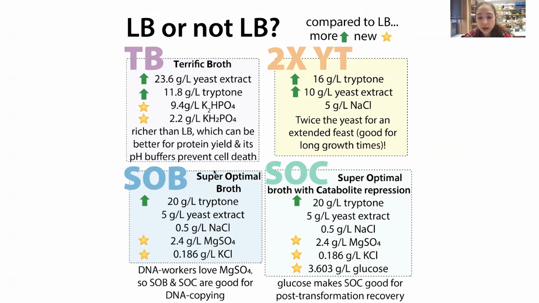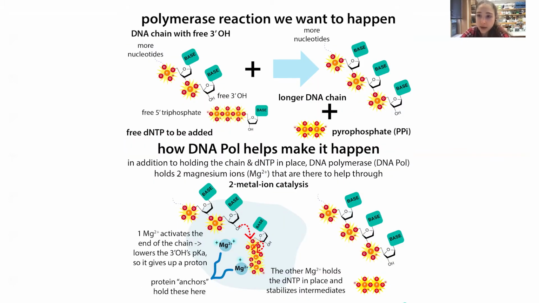So one thing that you want when you're making DNA is magnesium sulfate. Magnesium sulfate is really important for DNA polymerase. Magnesium is going to help in the active site of the DNA polymerase, help bring together all the negatively charged nucleotides that are coming in with their phosphate groups, and stabilize the intermediates.